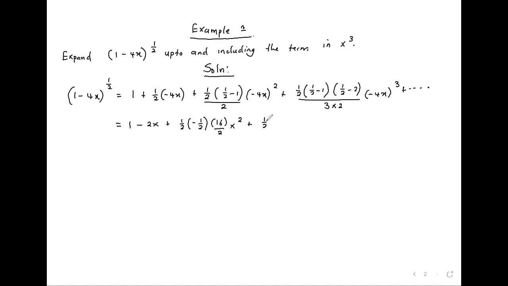Plus half minus 1 is -half. Half minus 2 is -3 over 2. -4 to the power 3, we get -64 over 6. 6 is 3 by 2, x power 3.